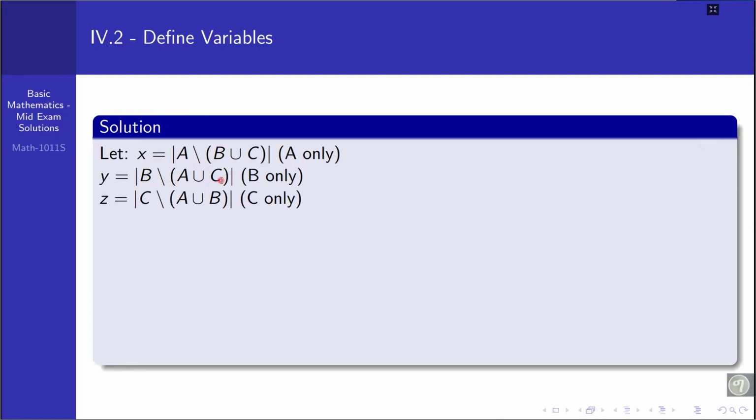And lastly, let Z be the number of cars administered in C only.